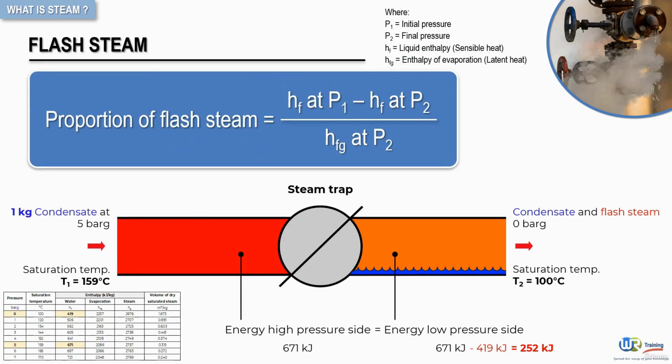Now, in our previous example, the difference of 252 kilojoule per kilogram of heat energy would then produce flash steam at atmospheric pressure. Therefore, using the equation, the flash steam produced would be as follows.